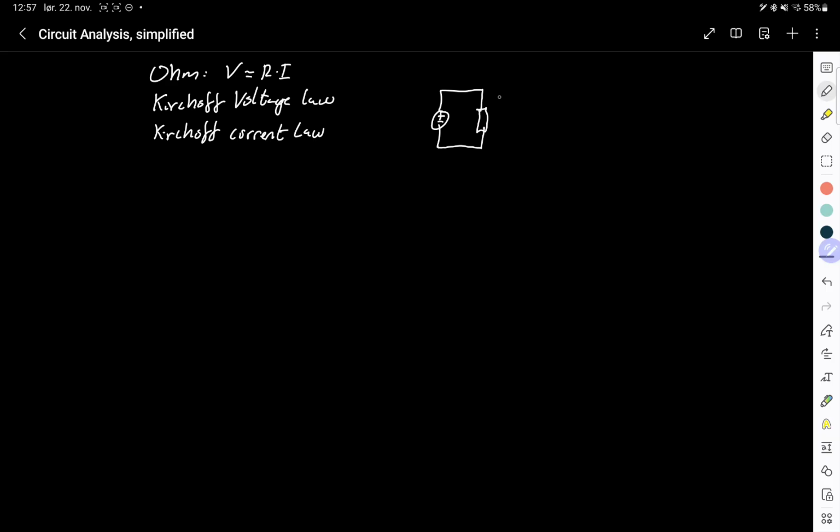And the current law, if we extend this, says that the current in any branch, so this will be I1, this is I2, going this way, and then I3 will be going down here. And the current going into a node must equal the current going out of the node.